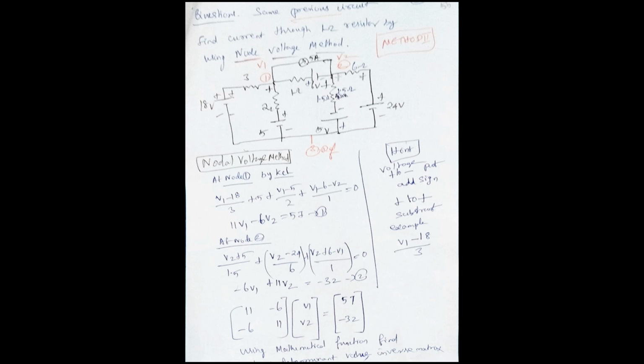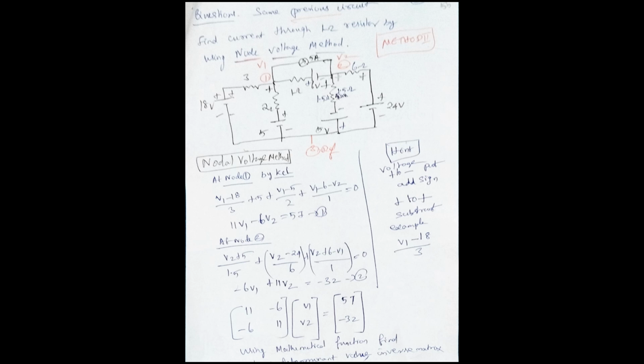First, the 3 ohm resistance: 1 by 3 into nodal voltage V1, and for the 18 volt source, with plus on the second terminal, we put a minus sign. So (V1 minus 18) divided by 3.